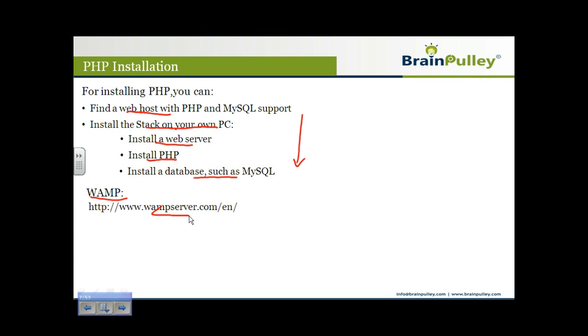There you can just go and download it. It's a single package which you just install, click next, next, next, and it will set up the entire Apache, MySQL, and PHP on your local system. I have already done that on my system. After a short time, we will have a demo where we will see how the PHP stack works. So let's assume that we have set it up.